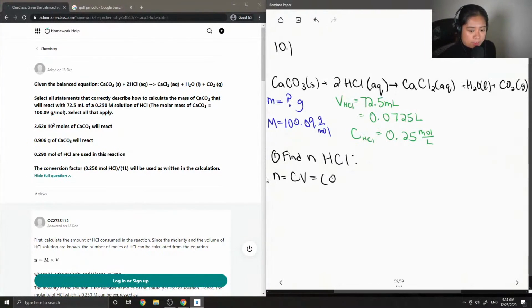So the concentration was 0.25 moles per liter, and the volume is 0.0725 liters. And then if we multiply it out, we get 0.0181 moles of HCl. And this is how many moles were consumed.